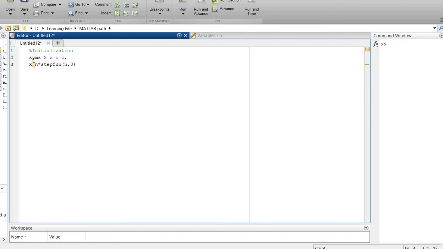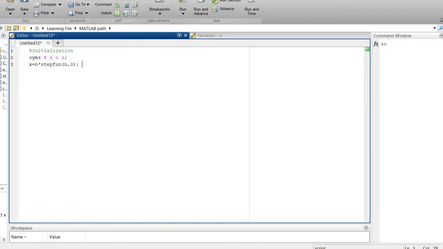If you hadn't watched it, you could watch it so that you could have an understanding with regards to the stepfun. Okay, so just a brief: n would be the range of the stepfun, and also because stepfun is just a unit step.